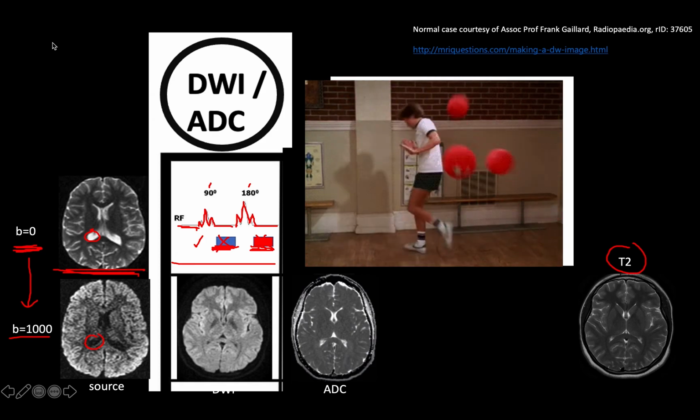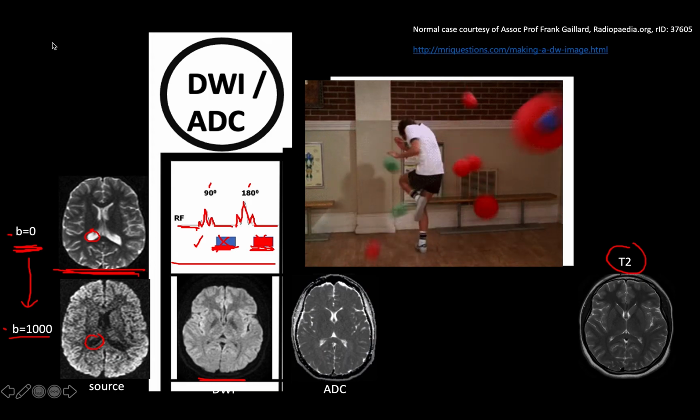Now these two images, the B0 and the B1000 images, are combined to give us this DWI image. And this is the actual image that is sent to our fax machine.